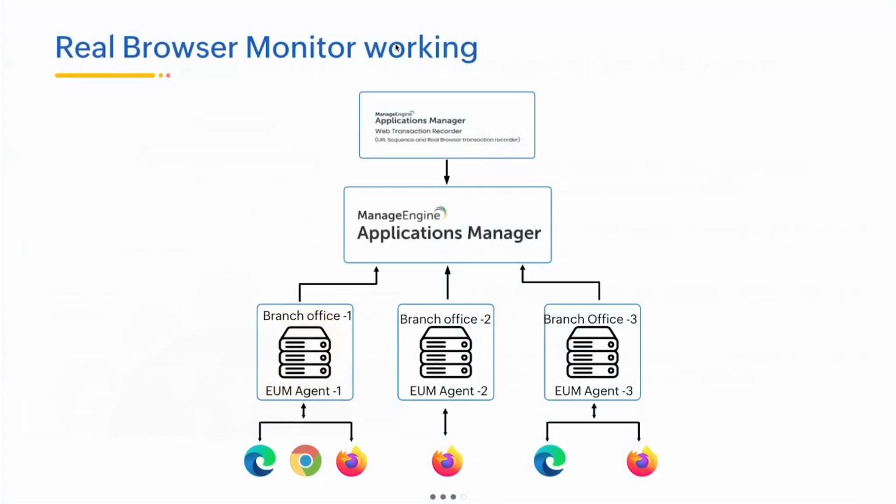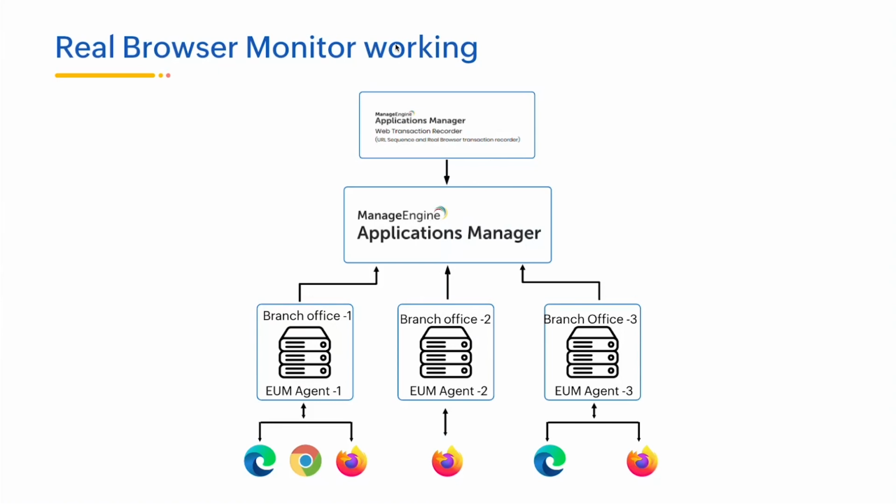Now, to facilitate monitoring this from multiple branch locations, as we talked about, we make use of the end user monitoring agent. So this is how the agent works. Say, for example, you're hosting an event in your office and you've created a registration form for the same. All the employees need to register for the event, which means employees from all your branch offices should be able to do so without any hassles. To test this critical workflow of filling the form and successfully registering for the event, you can use Applications Manager's Real Browser Monitor.